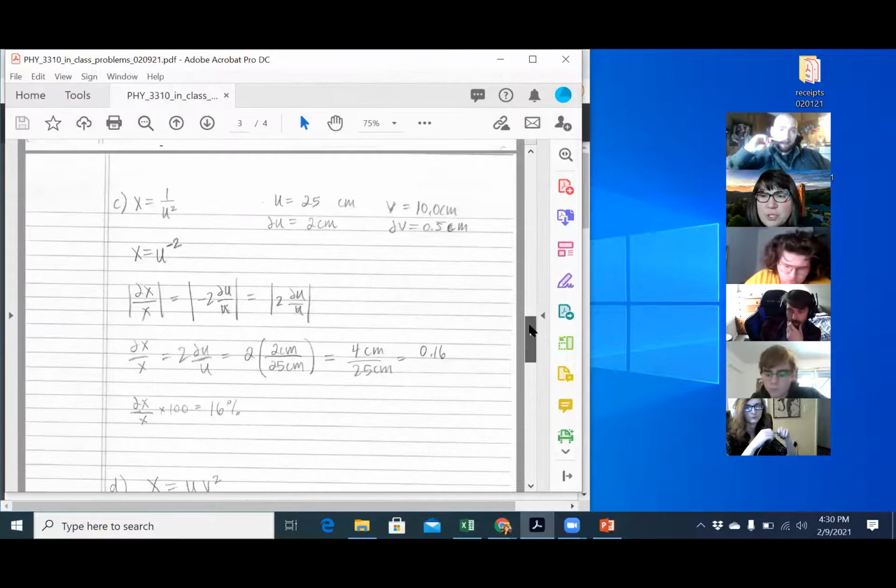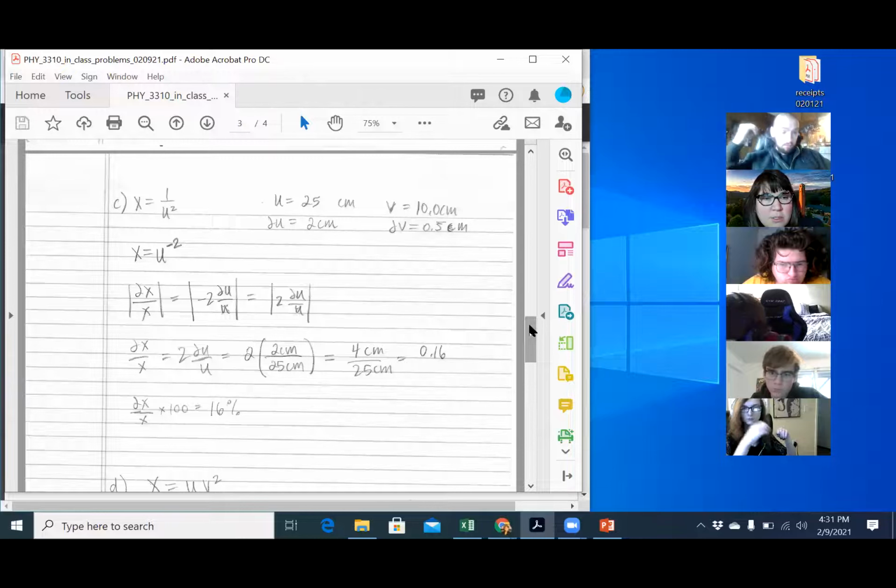I'm displaying my solution up here for those who want to compare. So I rewrote x as u to the -2 because I don't like denominators if I don't have to have them.